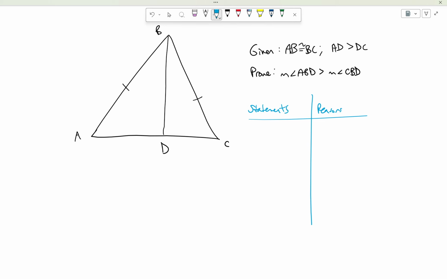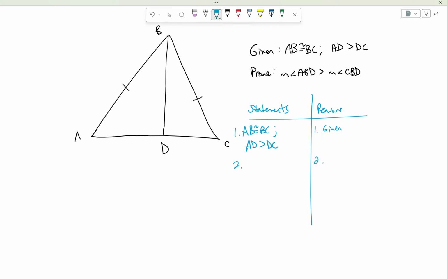Our first statement is provided right here, so we're just going to copy that exactly, and we can get those points on your next exam if we knew nothing else. We know this is going to be our last step, but we're going to have one more step in between. And of course, our first reason is the given. All right. So, number 2.